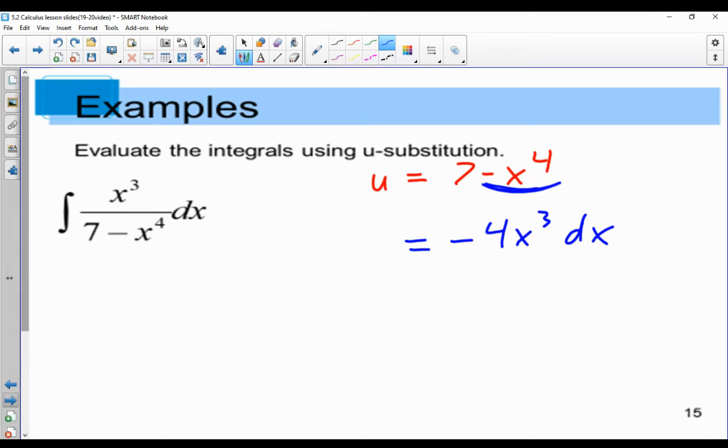A lot of you kids will totally forget about that negative and just do 4x cubed and not put it negative. That negative or minus in the front is very important. So I just wanted to point that out. Go ahead, do the rest from there. This one is very similar to the one you just did. Go ahead, try it now.